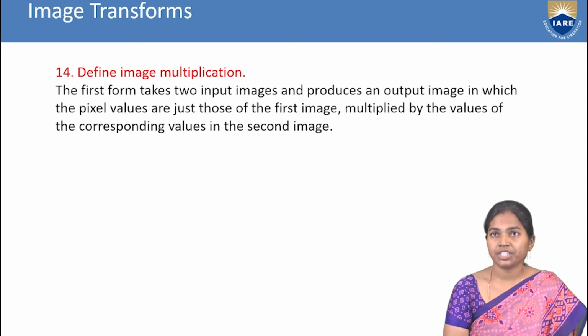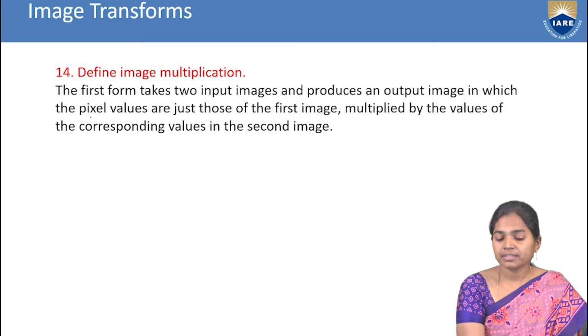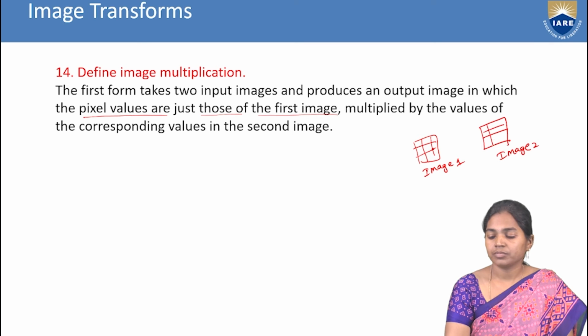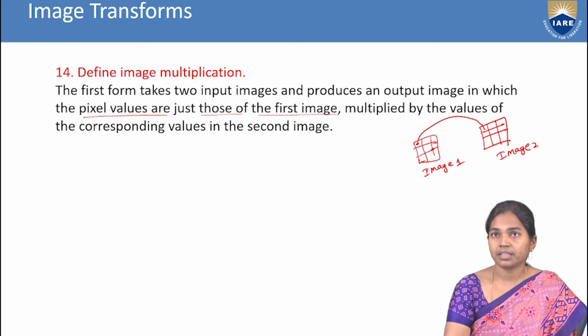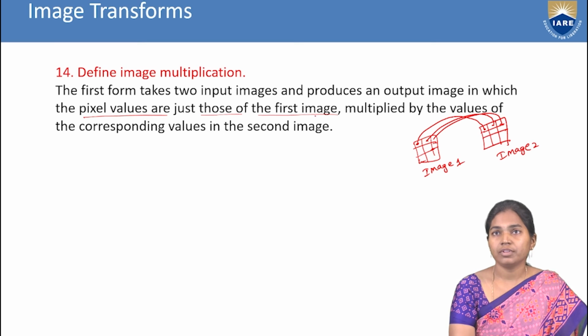Define image multiplication. The first form takes two images and produces an output image in which the pixel values are just those of the first image multiplied by the corresponding pixel values of the second image. For example, this is image 1 and this is image 2. Image multiplication means this pixel value multiplies with the corresponding pixel value of the second image, and so on for each pixel.